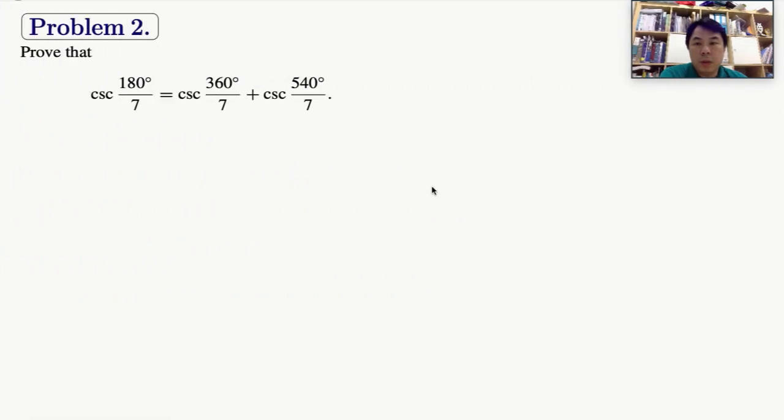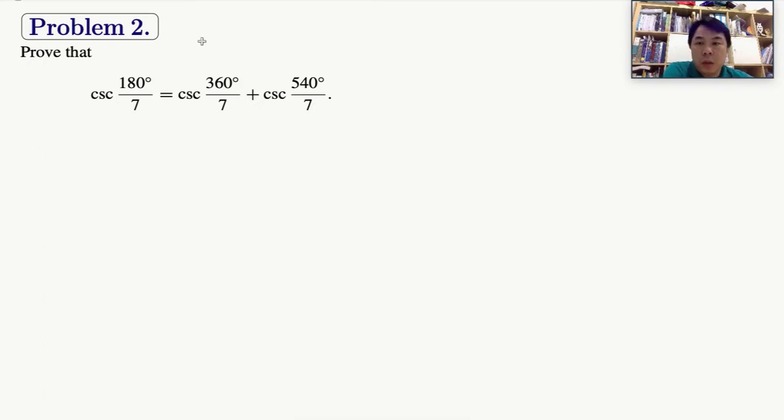This is the second problem, a trigonometric problem to be precise. Now, if you look at the angle that is given to us, it is not something that we are used to working with. So the best way to analyze or prove this trigonometric equation is by generalizing it.